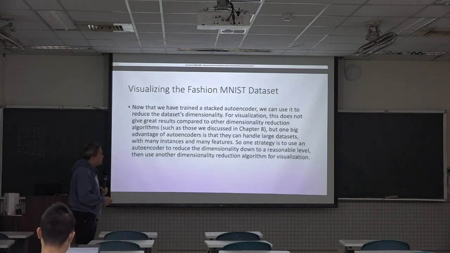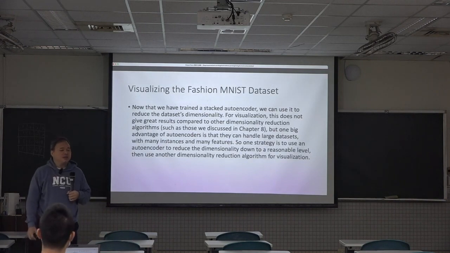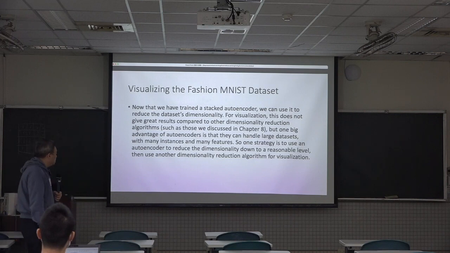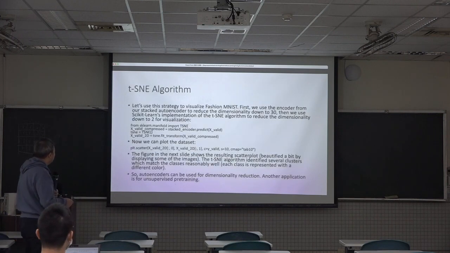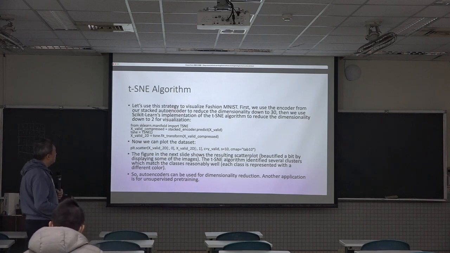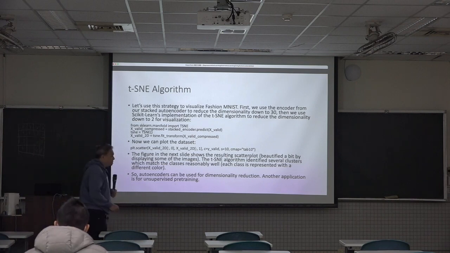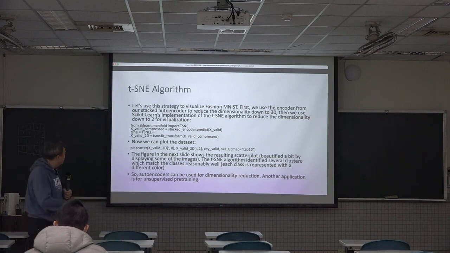So what we could do is use other algorithms that we know can do this dimensionality reduction for us. For example, the t-SNE algorithm. This is one of the algorithms for dimensionality reduction. t-SNE is really not a deep learning approach; it's a machine learning algorithm, and you can use it from scikit-learn.